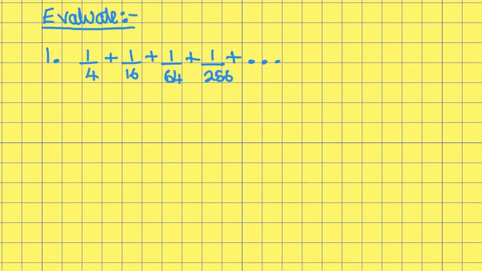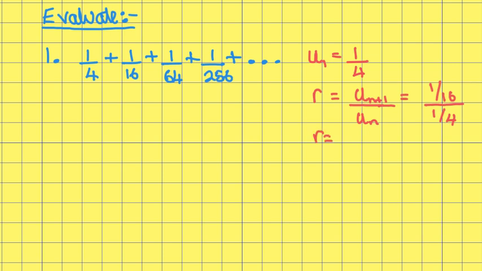Question 1. Evaluate a quarter plus a 16th plus 1 over 64 plus 1 over 256. First, let's find all our relevant information. So we know that u1 is equal to a quarter. We need to find r, and r is equal to u(n+1) over u(n), which is equal to 1 over 16 divided by 1 over a quarter.